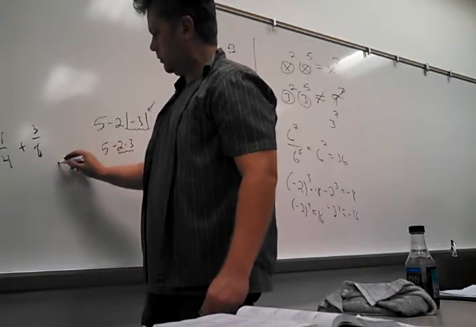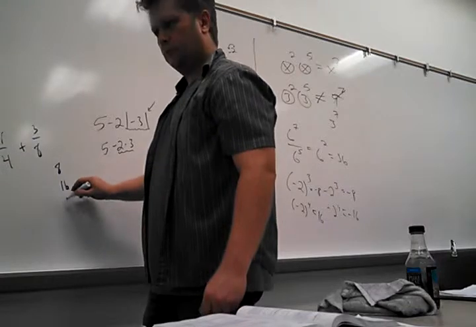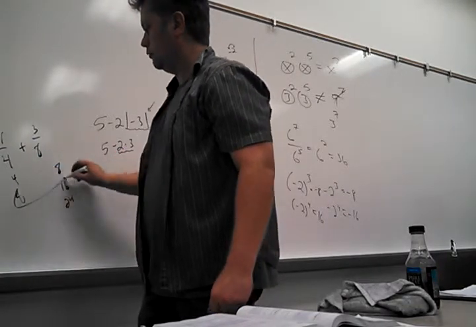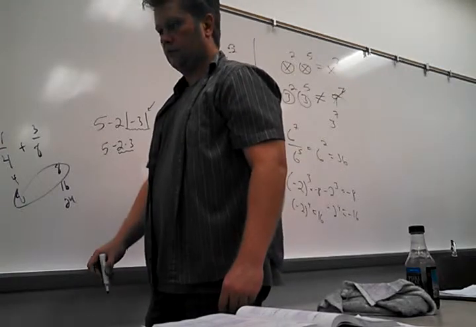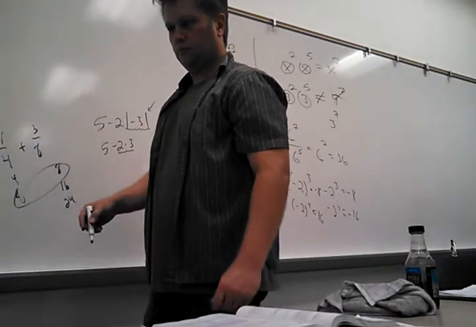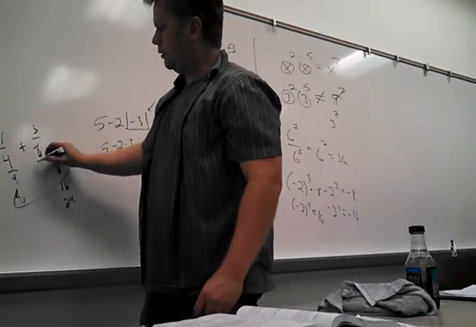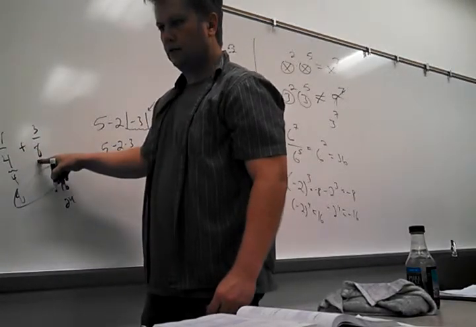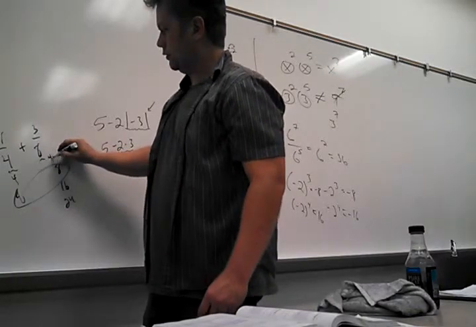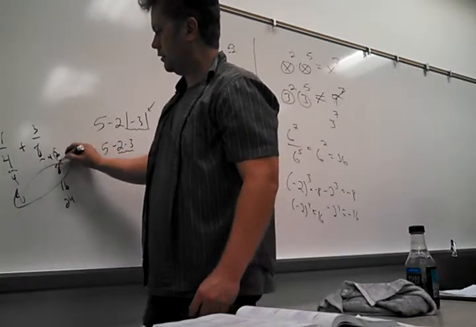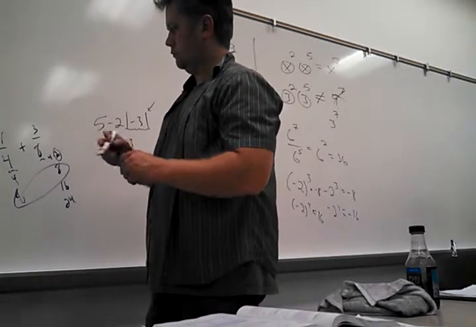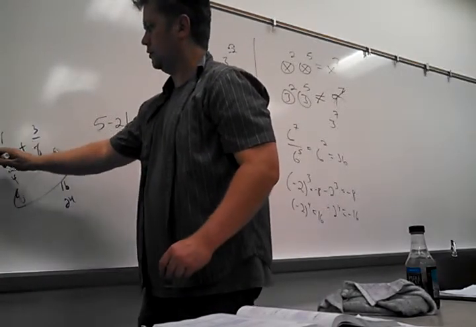This can multiply to be 8, 16, 24. This can multiply to be 4, 8. That's the first place they meet. So leave him alone and multiply this by 2. Whenever you have 2 numbers with something in common, they both have a 4 in them, right? So this guy's got a 4 times 2, so all he's missing is that 2. So now you multiply top and bottom by 2.